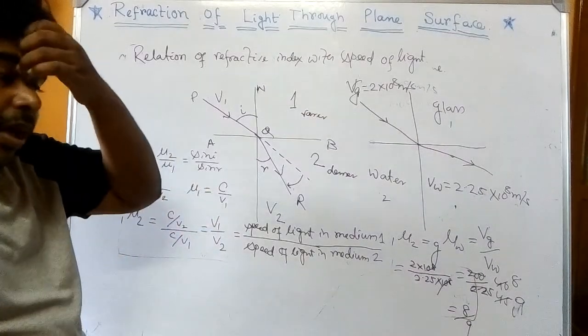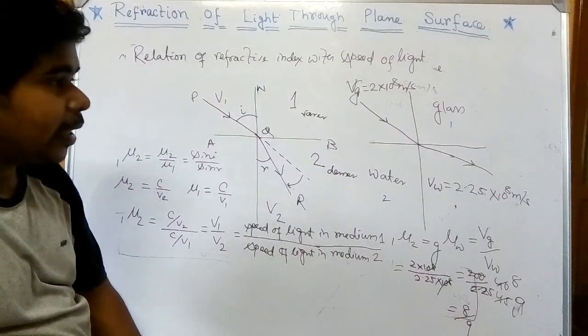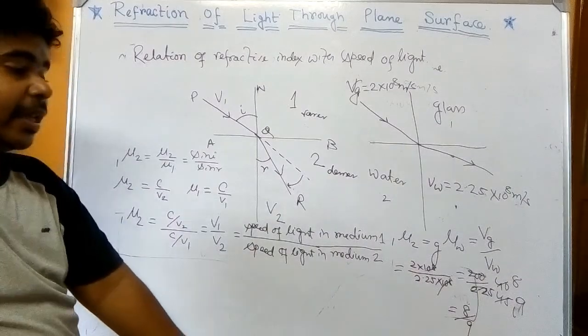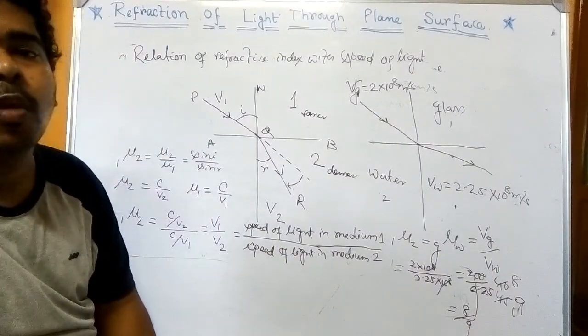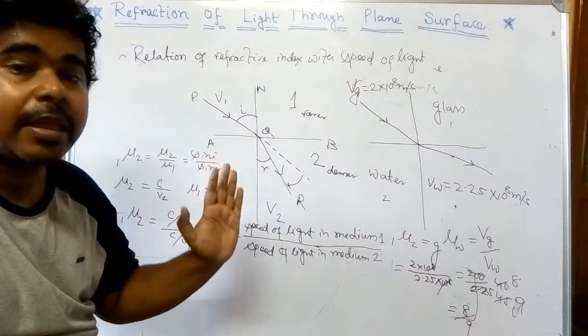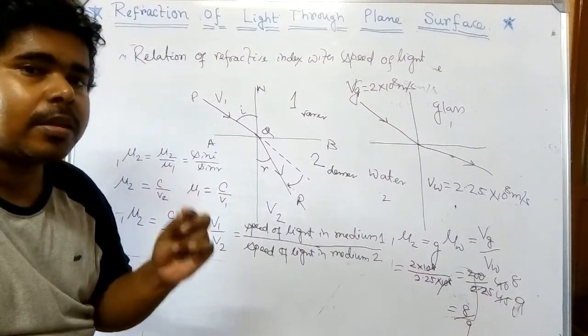Okay. One thing I just want to show you from here: when the light comes from denser to rarer medium, the refractive index is less than 1.